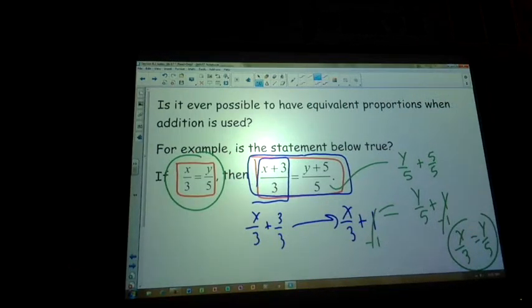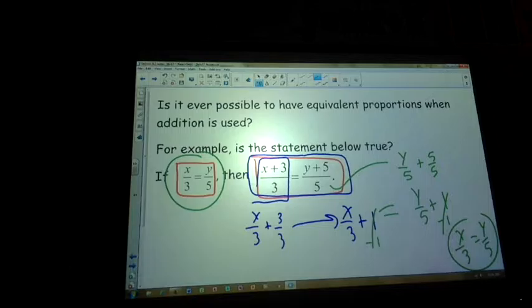So, starting to understand that you can break a fraction down is okay to start. I know some of you are not quite ready for it, but we'll get there. Yeah? So, you set x over 3 plus 1 equal to y over 5 plus 1, right? And then you subtract 1. That's it, okay.